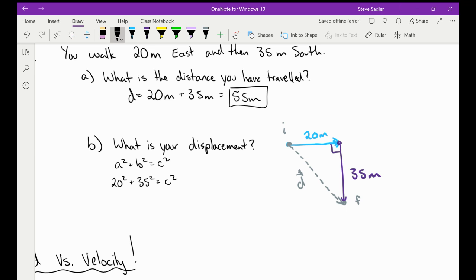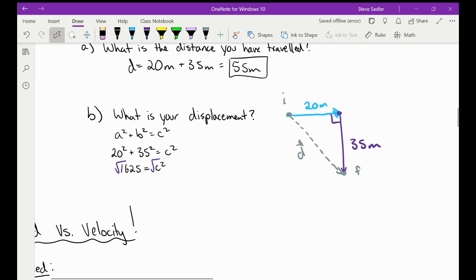I'm just going to punch this into my calculator here. So 1625 is equal to c squared. I will square root both sides, and I am left with c is equal to 40.3 meters. So this is 40.3 meters.